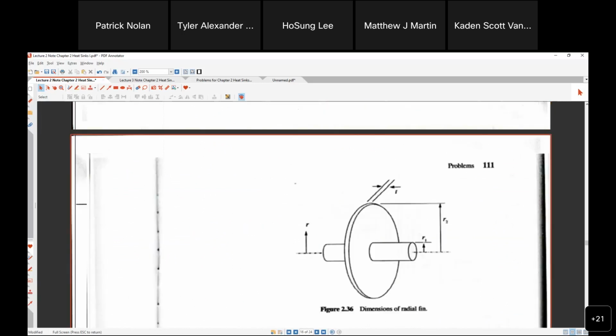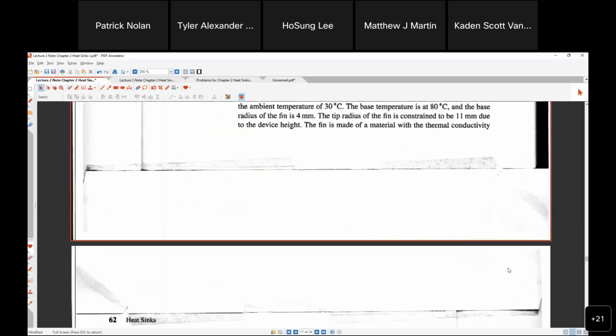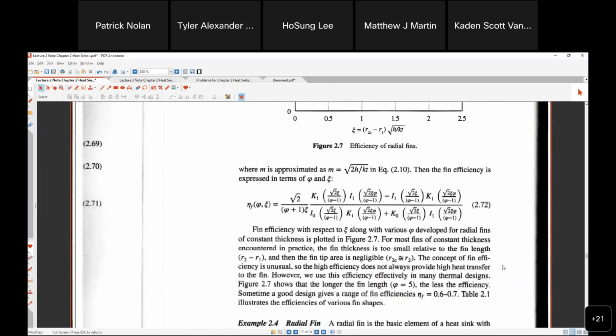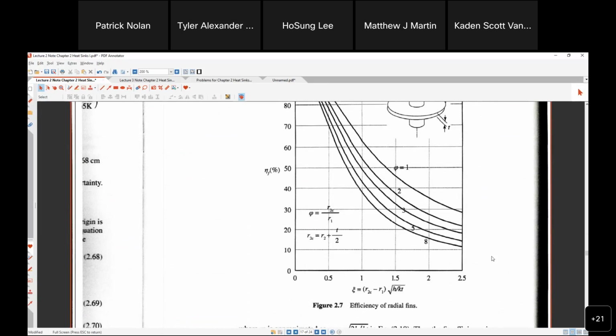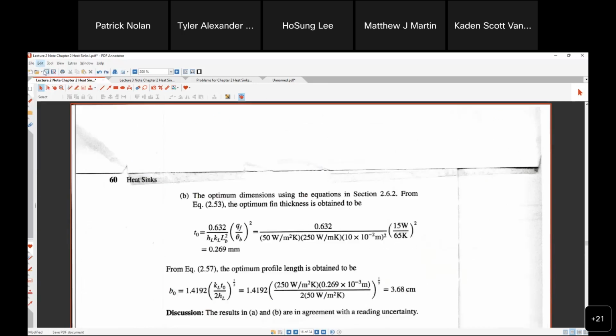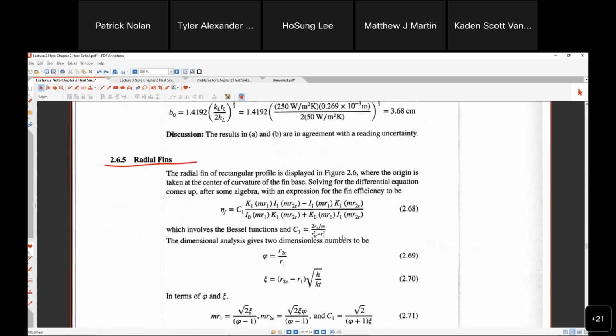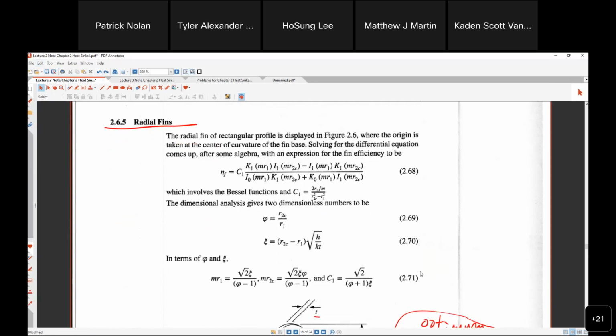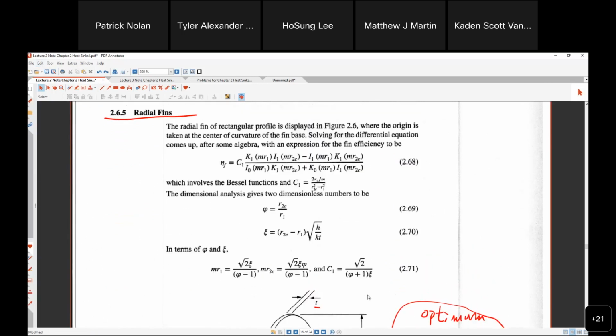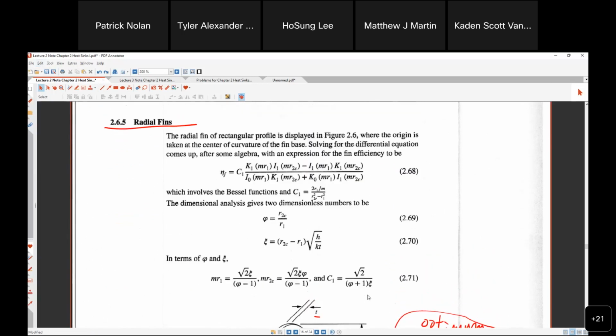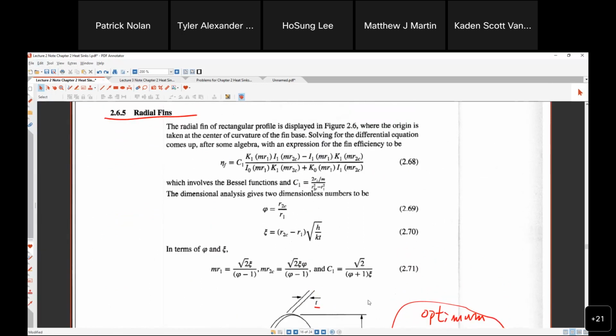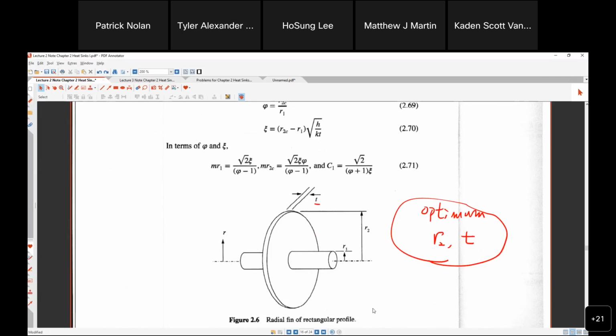Push undo? Ah, thank you very much. Now I can see. You saved my lecture.